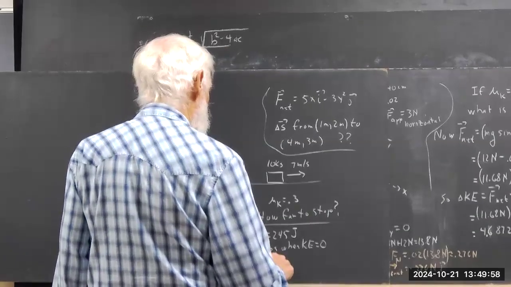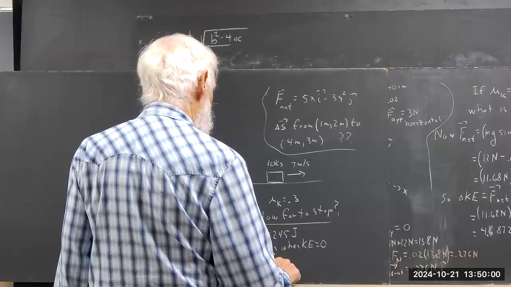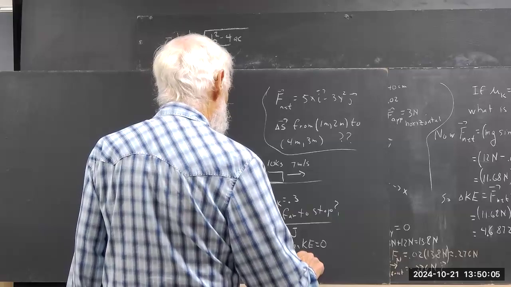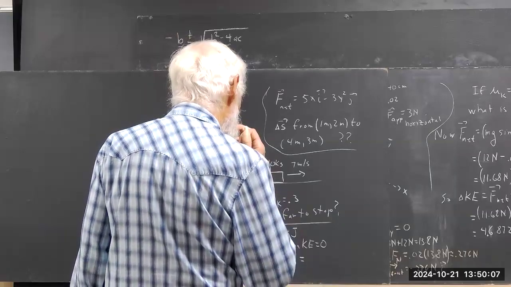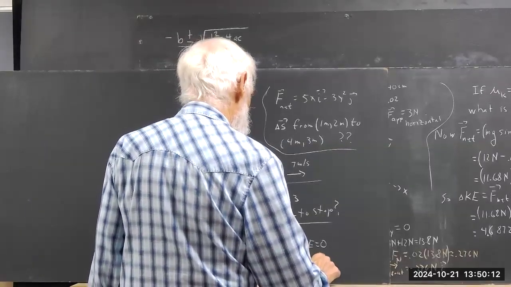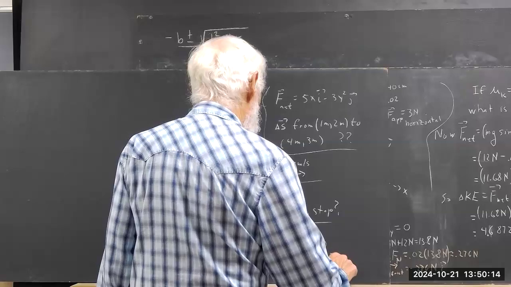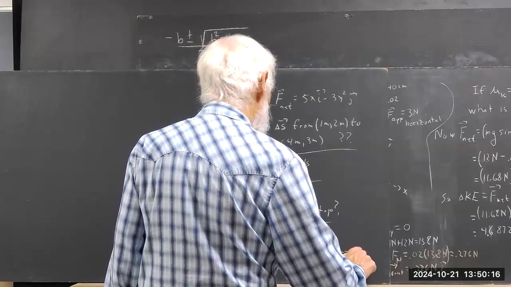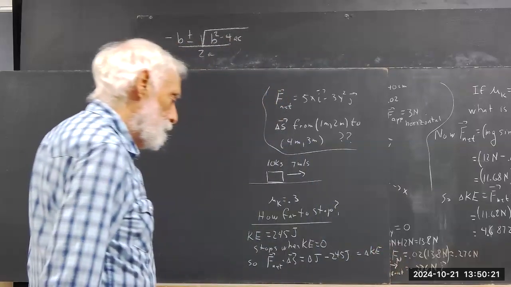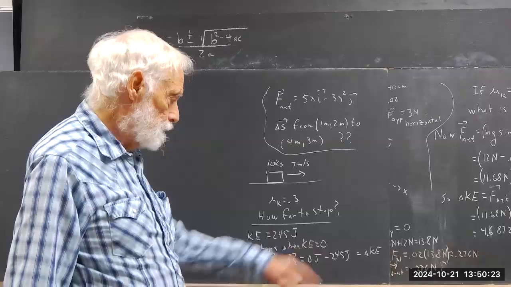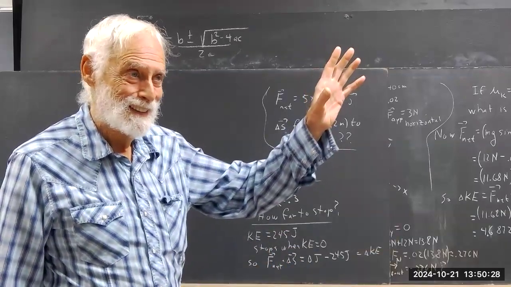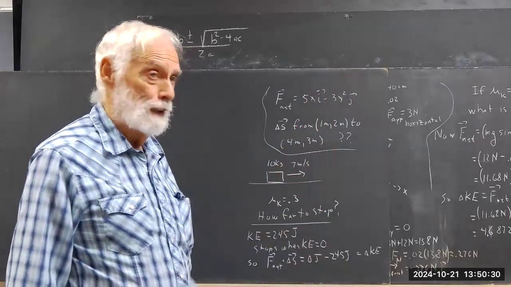So F dot delta S equals 0 joules minus 245 joules, which is of course a change in kinetic energy. Now, if you think the change in kinetic energy is plus 245 joules, you're going to find that it never stops. Okay, so you want to be sure you have the signs right on this.